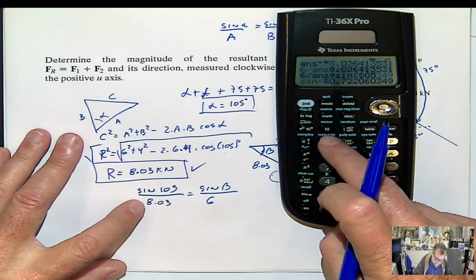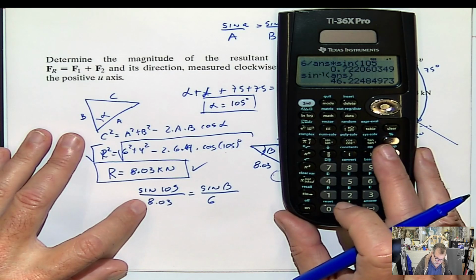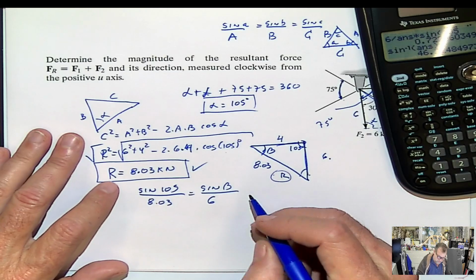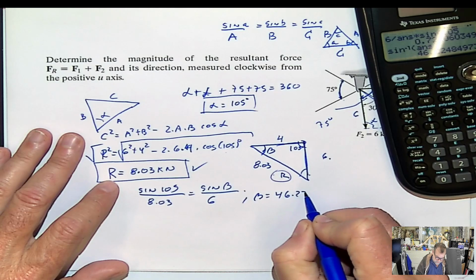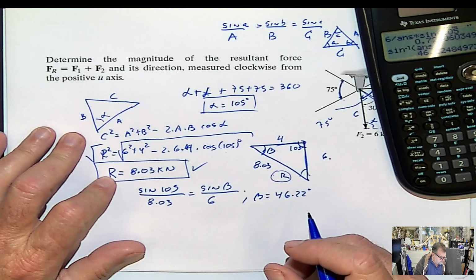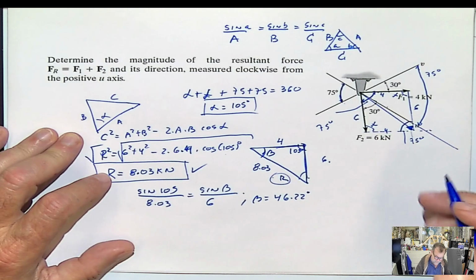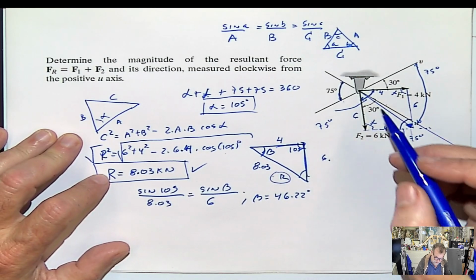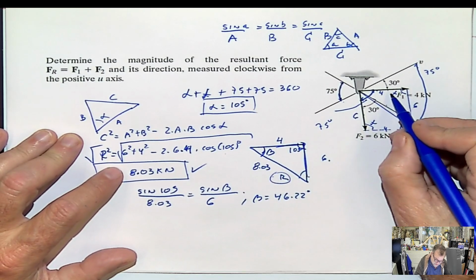If I take the inverse of that value, I will get 46.22 degrees. Remember that angle, 46.22 degrees, is this angle.